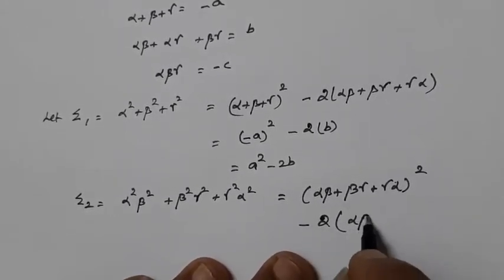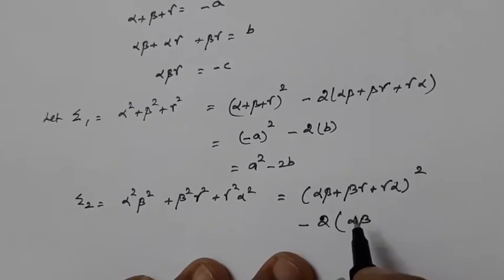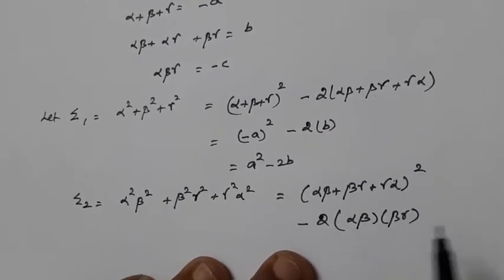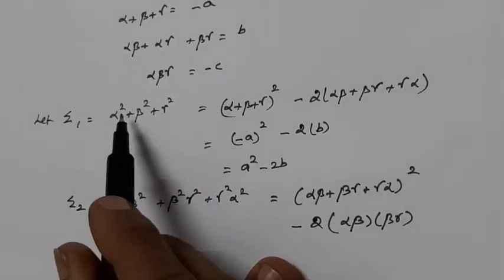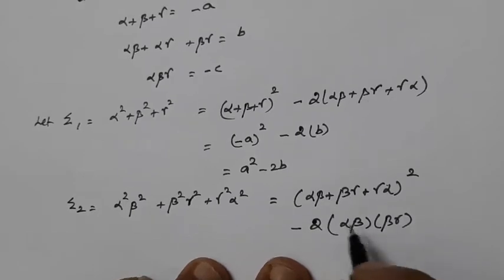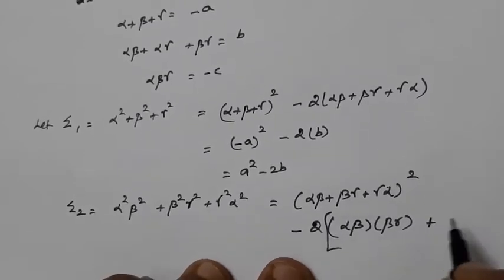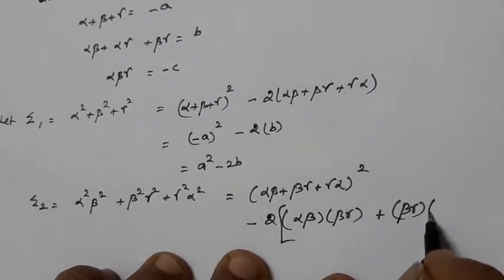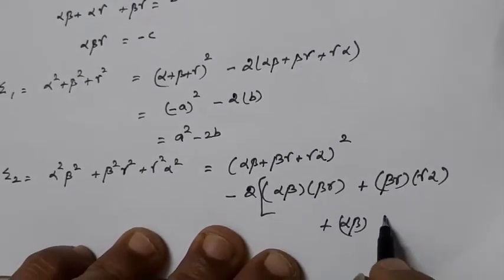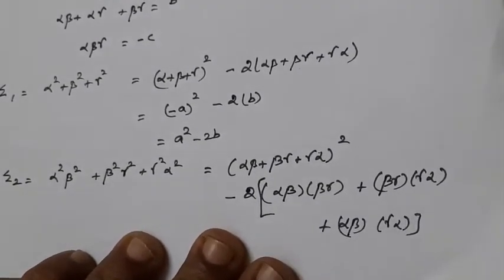alpha beta into beta gamma. Okay. So first instead of alpha, alpha beta, and instead of beta, beta gamma is to be used. Then this 2 is common, plus beta gamma into gamma alpha plus alpha beta into gamma alpha. Okay.